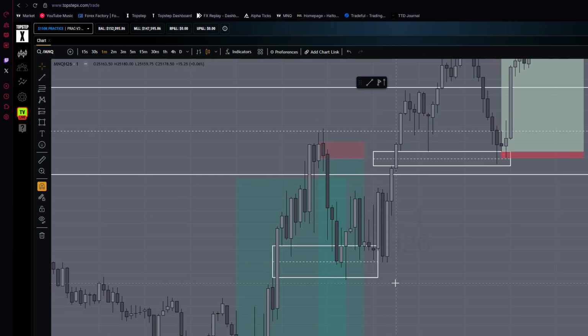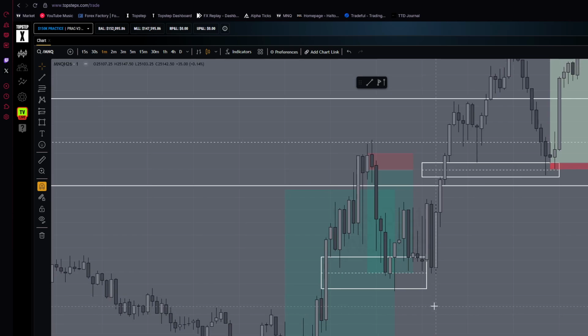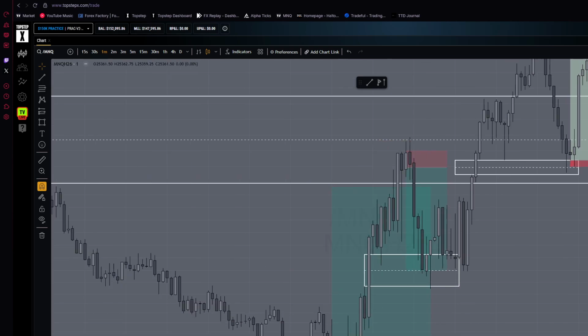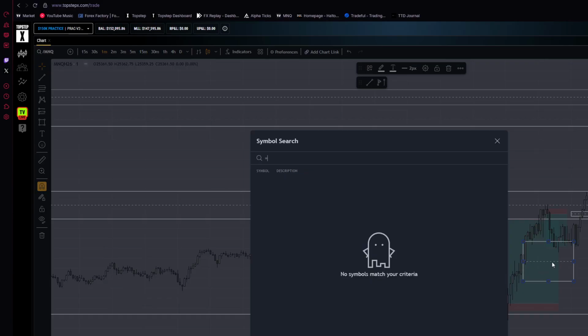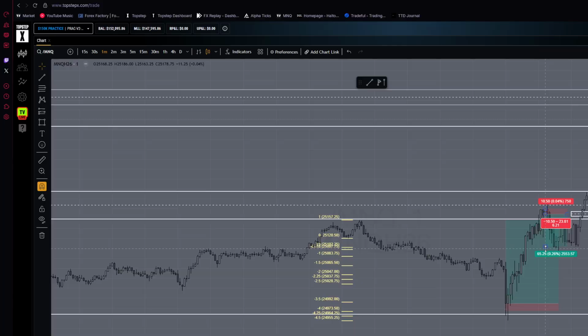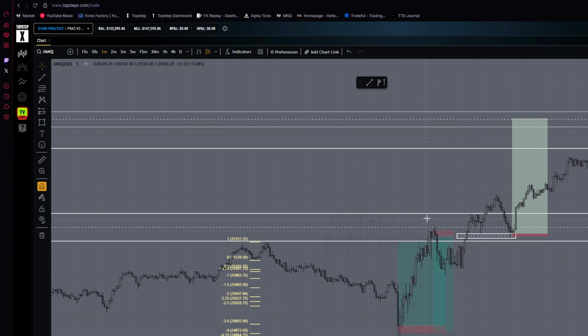So obviously if this doesn't hold, I would get stopped out. So 60-point TP there, took off 2 micros there, and then the full TP would have been to the CE of this rejection block here. And we also had true day open that we rejected off here, so that's also one thing.